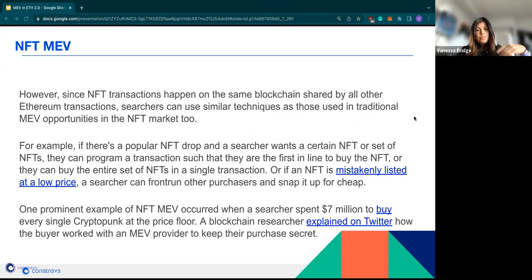Because of all the opportunities that are publicly displayed, people are definitely trying to make this happen. One of the examples that was identified was someone that tried to buy a CryptoPunk at floor price, and they paid a lot of money, $7 million at the time. So a lot of very interesting things can happen around MEV and MEV extraction and the attacks.